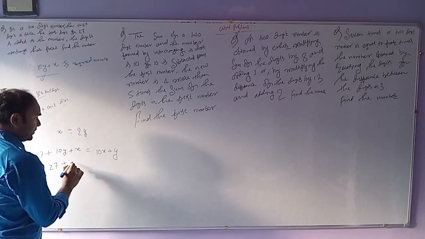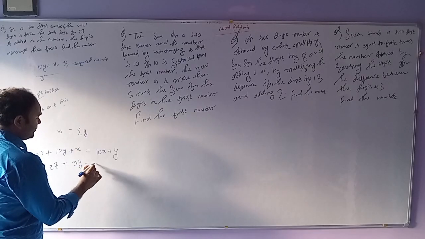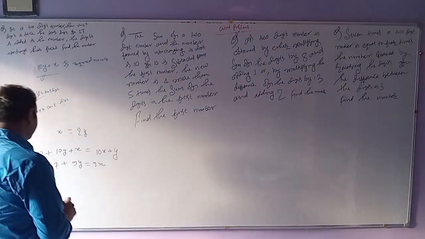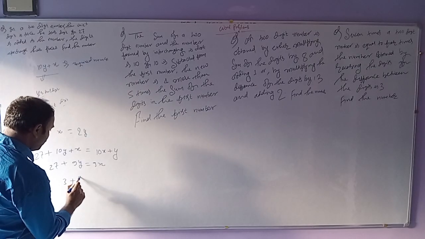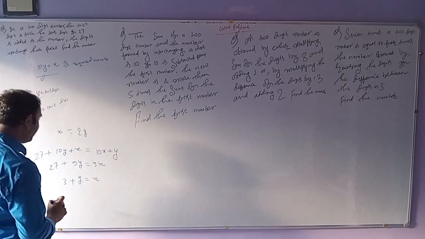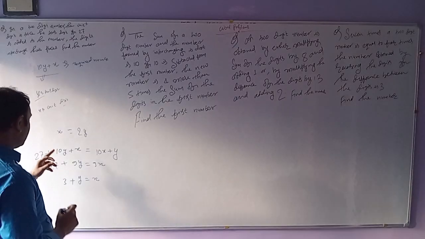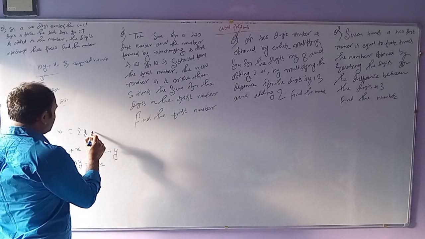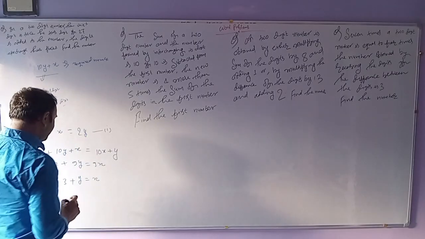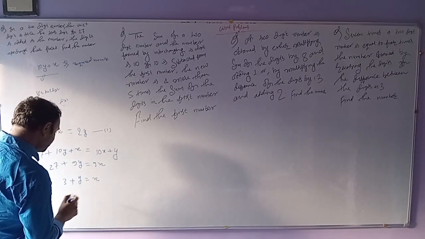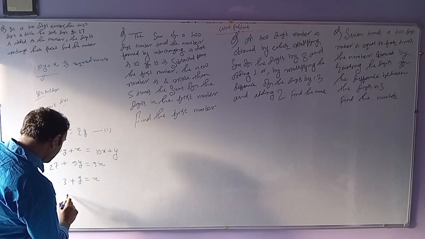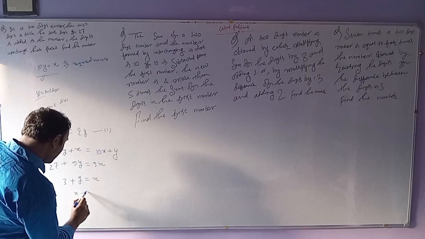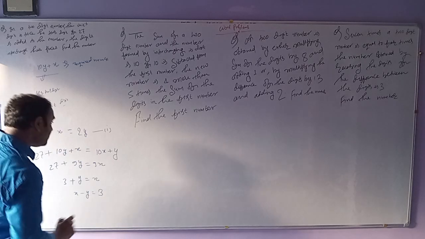27, 9y equal to 9x, that is 3y, x, and we have x is equal to 2y from equation first. x minus y is equal to 3.